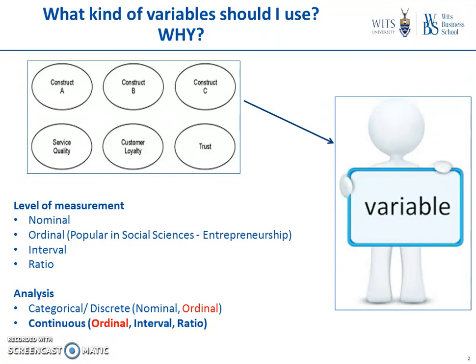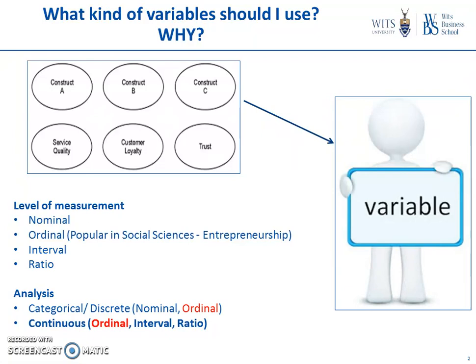And when you try to make your ordinal data, which is mostly what most of you have used in the assignment that I've marked, at least use a 7-point Likert scale. That gives you a bit more variability in your data, and it tends to follow the normal distribution very closely.